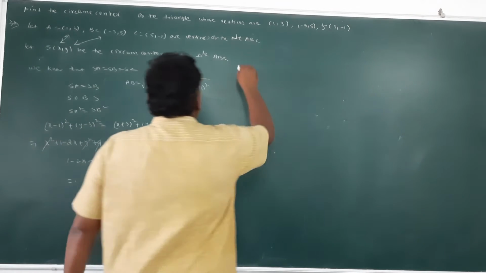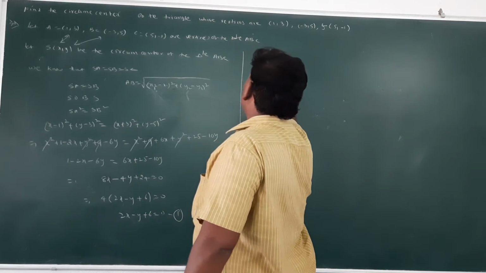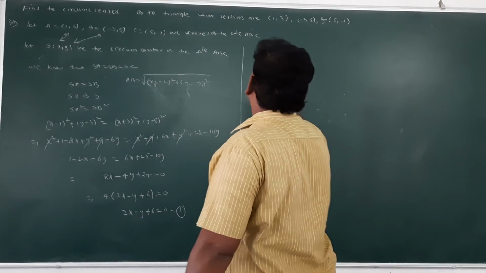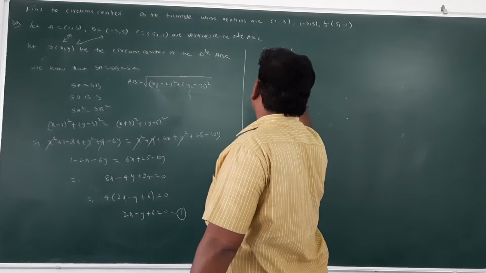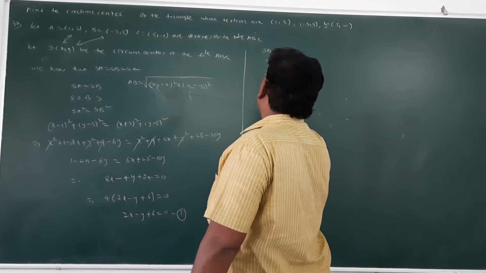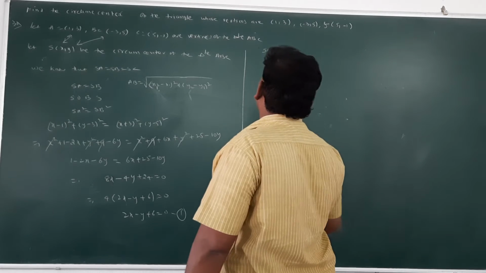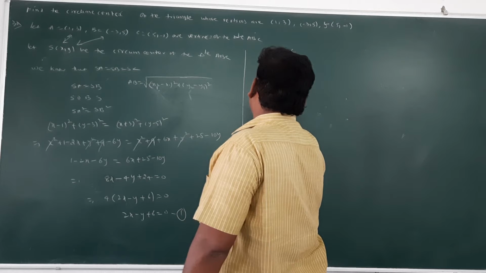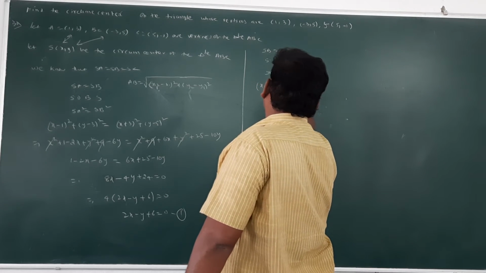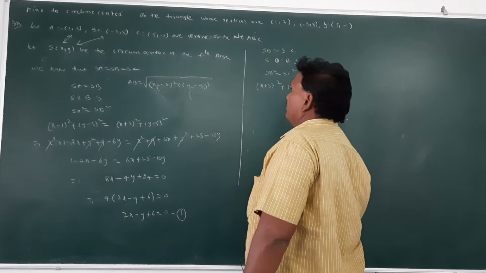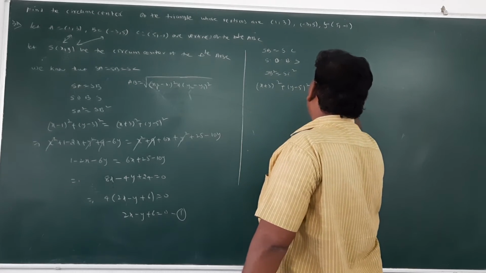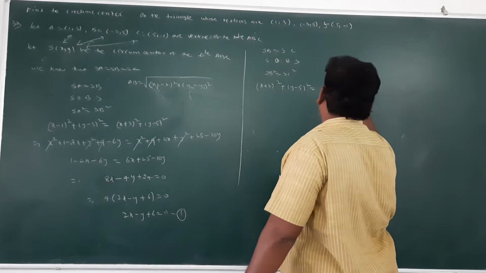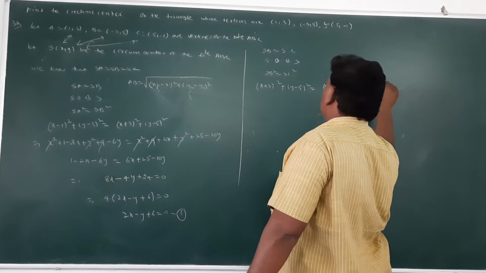Next, SB is equal to SC. Squaring on both sides, SB square is equal to SC square. What is SB? The distance between S and B: (x plus 3) whole square plus (y minus 5) whole square is equal to SC. What is SC? The distance between S and C: (x minus 5) whole square plus (y plus 1) whole square.